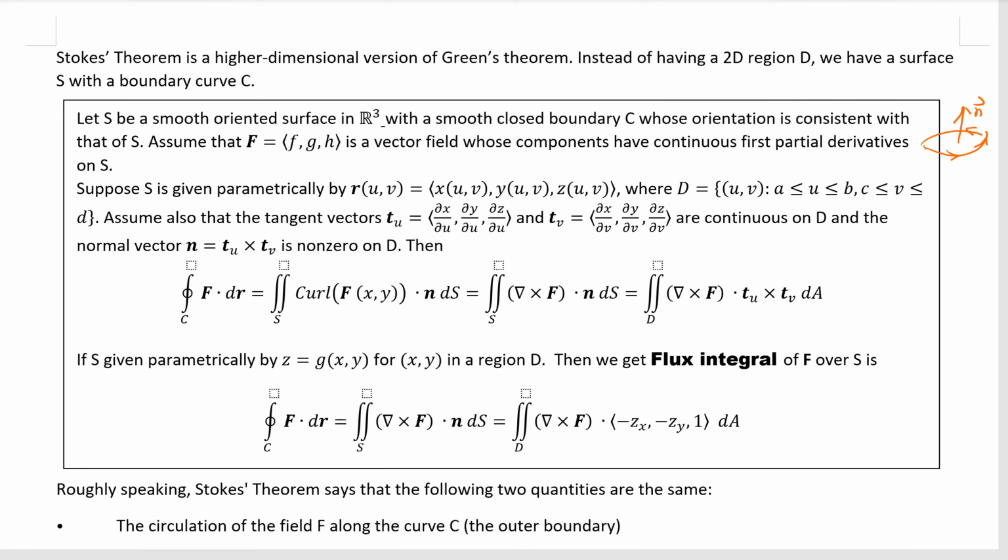Assume the tangent vectors tu and tv, the partial derivatives with respect to u and v, are continuous on the region D, and the normal vector should be divided by the magnitude of that.